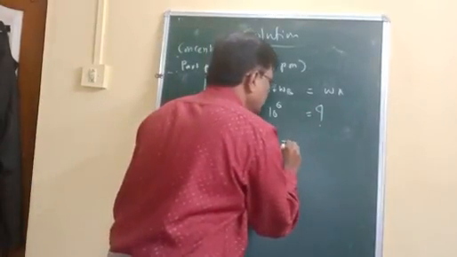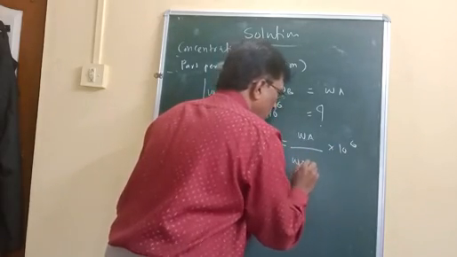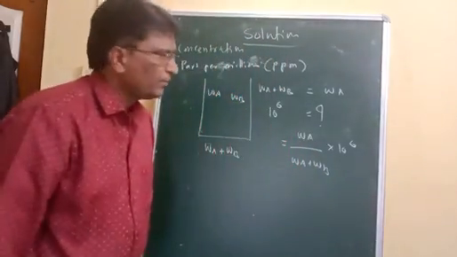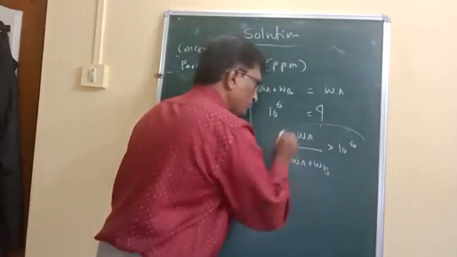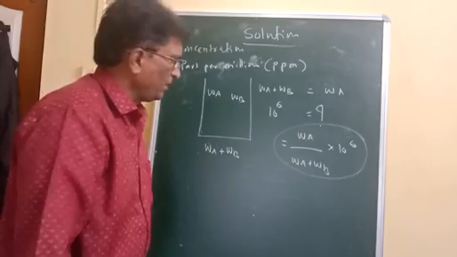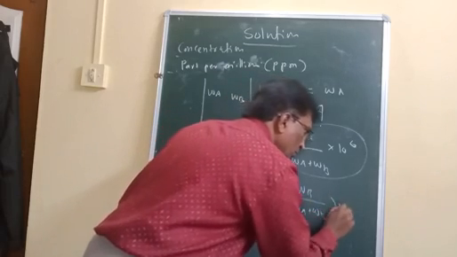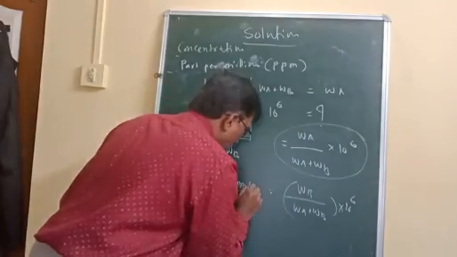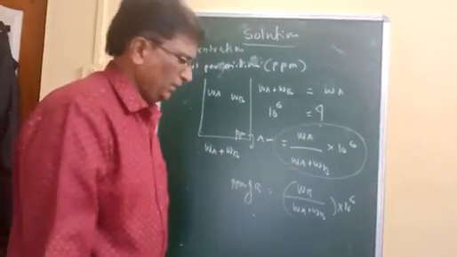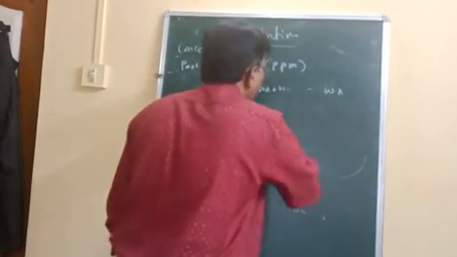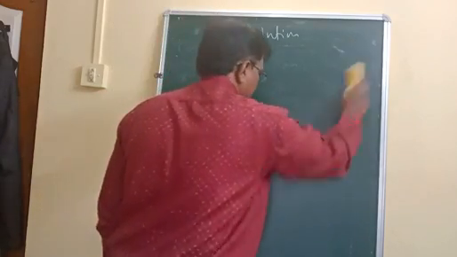That question mark can be solved by cross multiplication: WA into 10 raised to 6 divided by the total weight, WA plus WB, and this is ppm of A. The ppm of A can be calculated using this equation, and the part per million of B is WB upon WA plus WB into 10 raised to 6, that is ppm of B. Now this is all about the concentration units in which solutions are expressed.